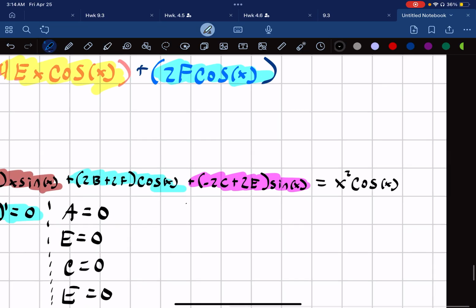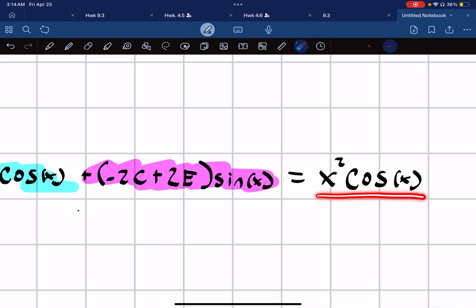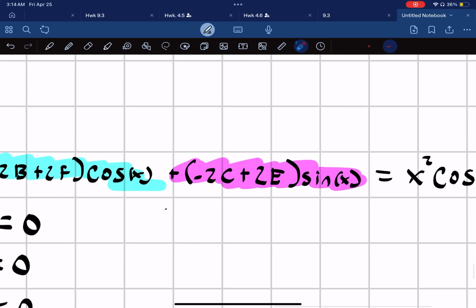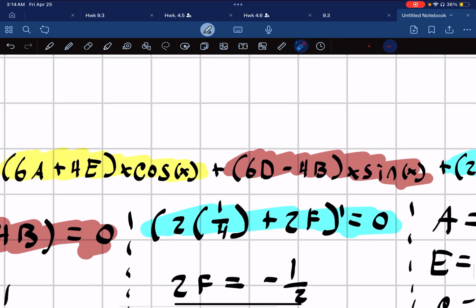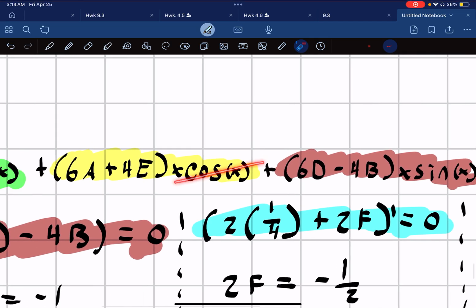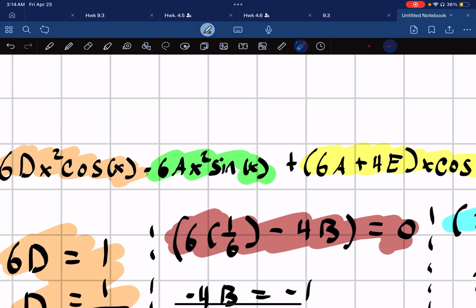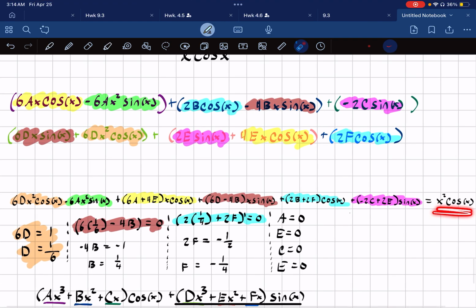And what we would see is, which one has x squared cosine x? Is it this one? Nope. Is it this one? Nope. This one? No. This one? Nope. This? No. Now, you can see we do have the same thing on the right-hand side.